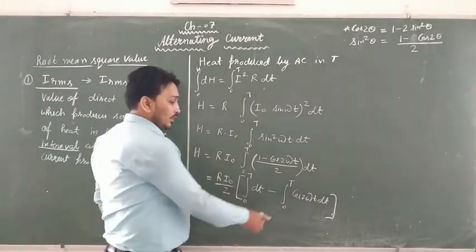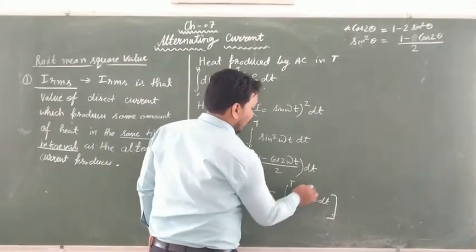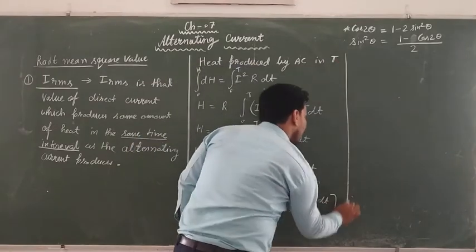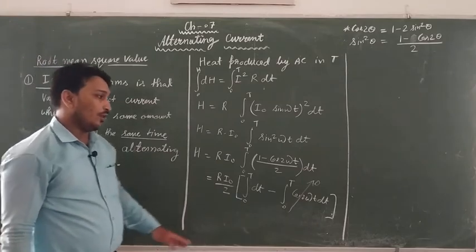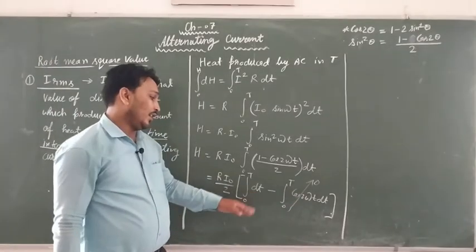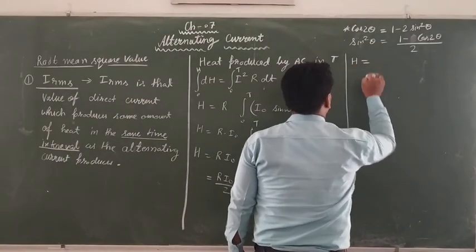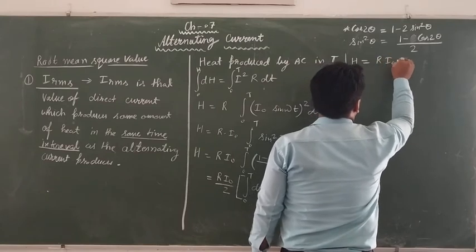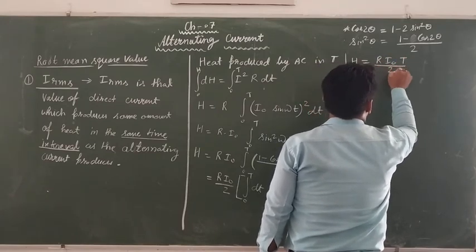Now just see, this cos 2ωt is integrated over a time period, and that's why its value is 0. I told you yesterday, whenever a trigonometric function like sine or cos is integrated over a time period, we are going to have 0. The integration of dt is capital T. So from here, H is equal to R into I₀ into T upon 2.